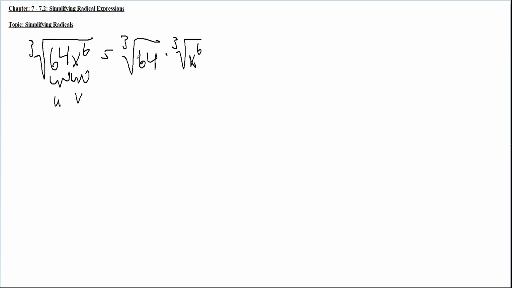And we know what the cube root of 64 is. That's 4, right? But trying to evaluate x to the 6 and its cube root, I have to go back and look at my previous definition. So if we remember, if I have some number raised to the m power and then taking the nth root, then I have to use this definition.